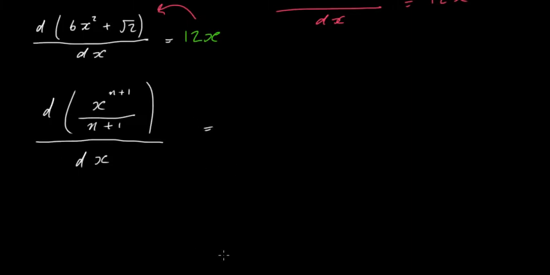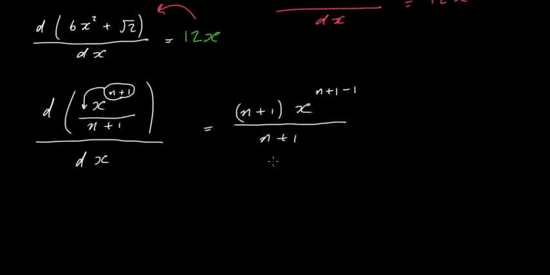Well, what we know we need to do is take the power, bring it down, and multiply. So the power is n plus 1. We're going to multiply that by x to the power of n plus 1, but then we've got to subtract 1 from the power. And we have our n plus 1 on the bottom as well.